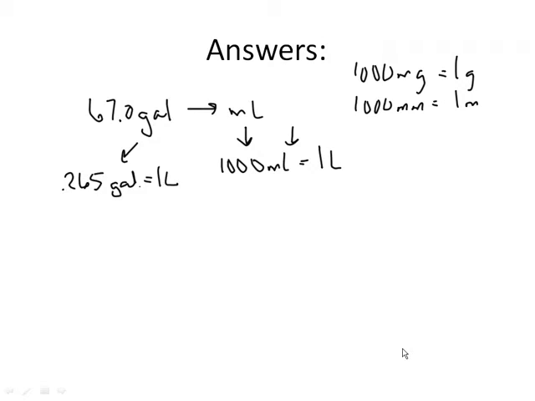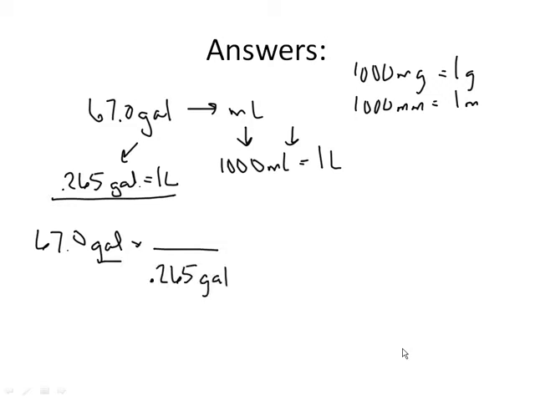Okay, so I'm starting with 67.0 gallons, which means my first step is to get rid of the gallons. I've got a conversion here that relates gallons to liters. So since gallons is up here, I will put gallons down in the denominator so that my units will cancel.